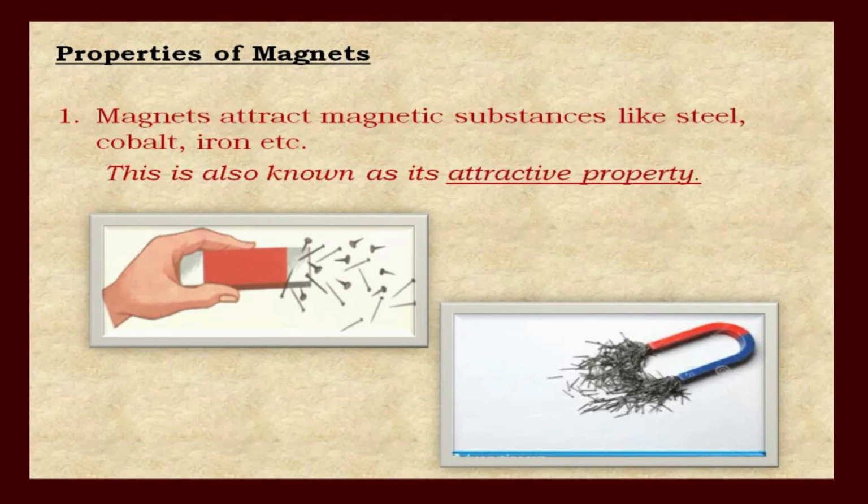Take a look at the picture here. There are some nails here, and they are attracted by the bar magnet shown in this case. And in the second picture, we have the U-shaped magnet, which is attracting groups of nails. The magnets attract magnetic substances like steel and cobalt. That property is known as the attractive property of the magnet.